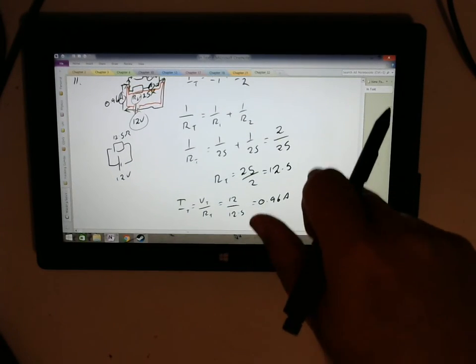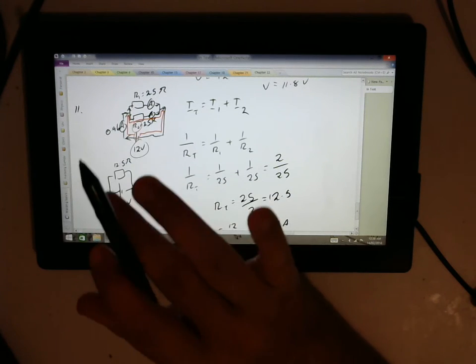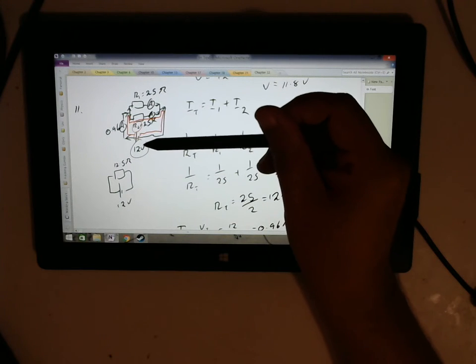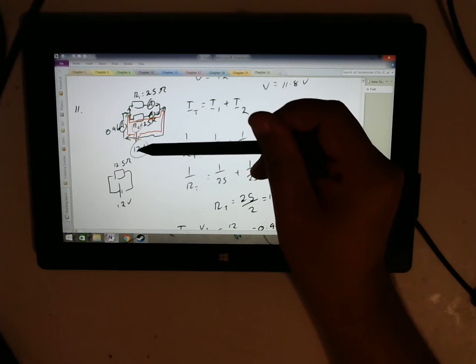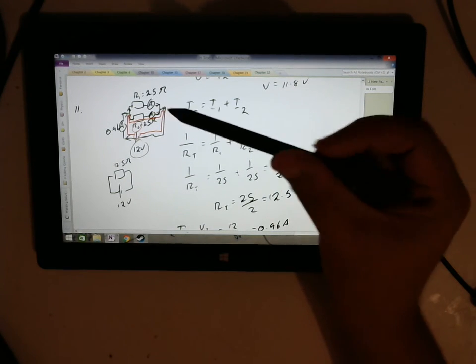So I hope you can see why that has to be 12 volts across there. Let's remember our basic understanding of Kirchhoff's law: whatever is given to it must get used up. It's only got one stop, so all that voltage has to be used there.